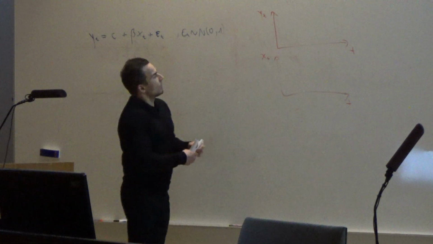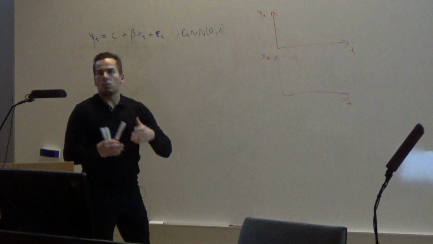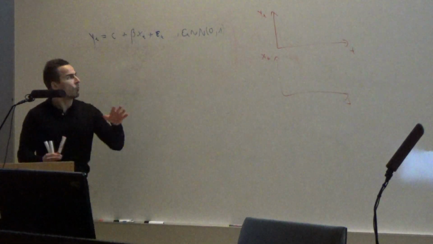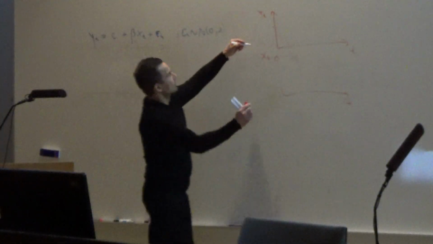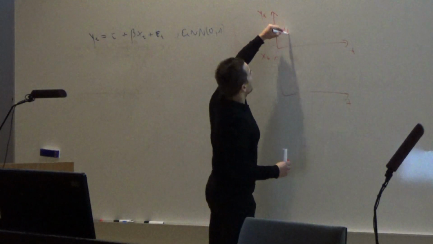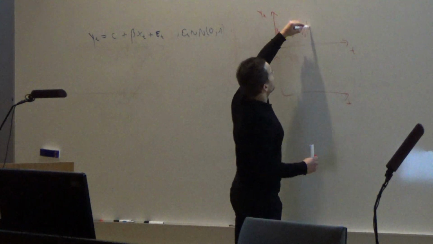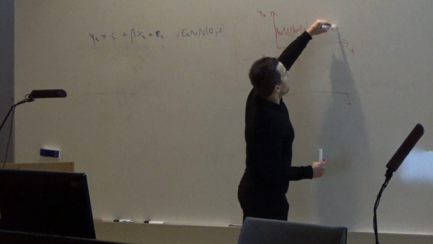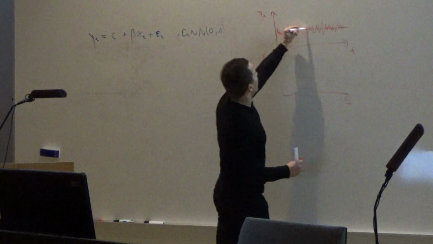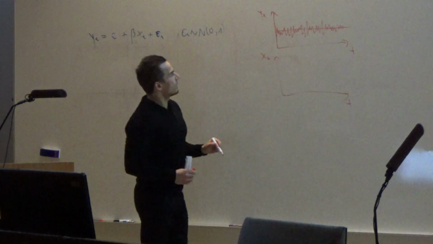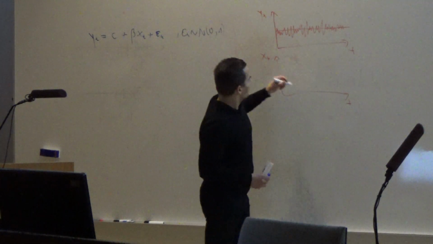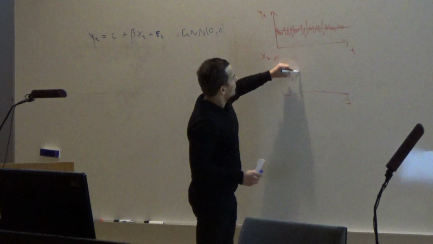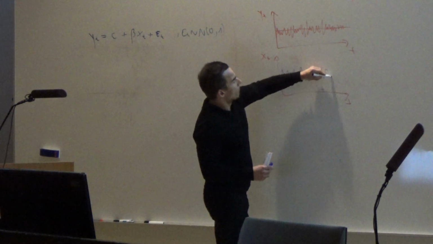Before we can run this model, we need to ensure that these two variables are somehow circulating around a mean. And the same is true for our x variable. So the variable should be circulating around a mean.